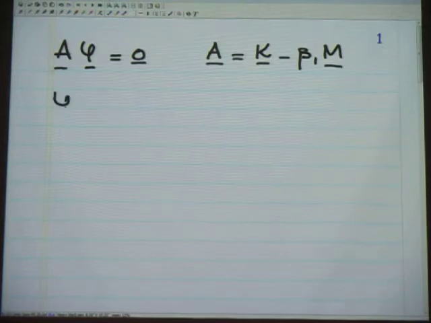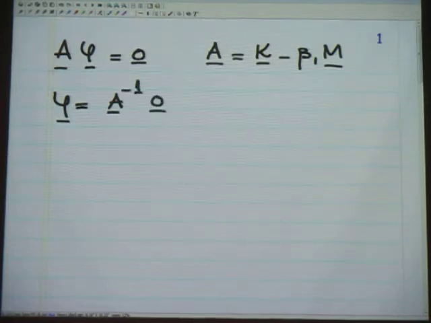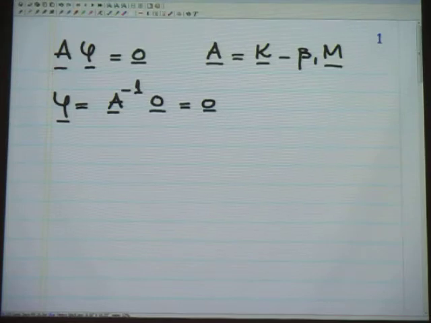So phi would be equal to A inverse times 0. And if A inverse exists, then phi is equal to 0. That's trivial. You don't want trivial eigenvectors, because that is not useful.